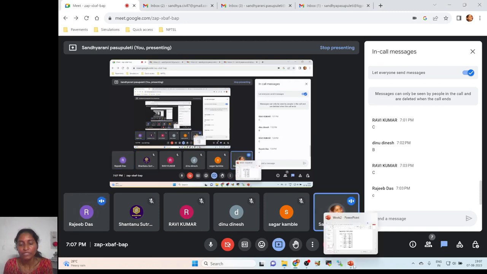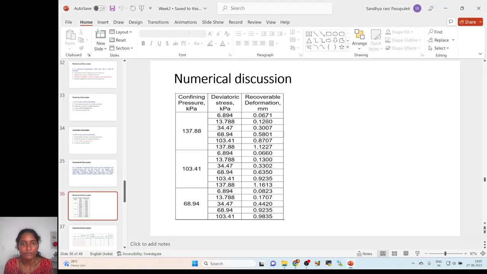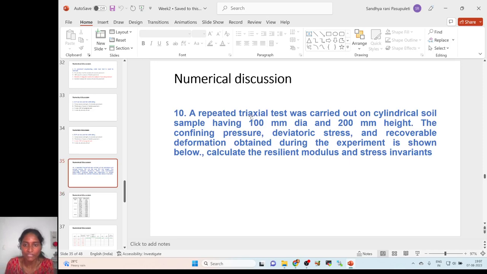So we will be using the deviatoric stress. We already have the stress, sigma d, here, and the recoverable deformation is here. If you take the ratio of these two, we will get the resilient modulus. So, okay, we can calculate the resilient modulus.